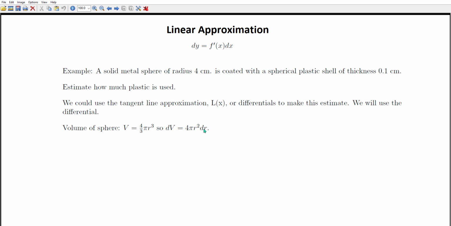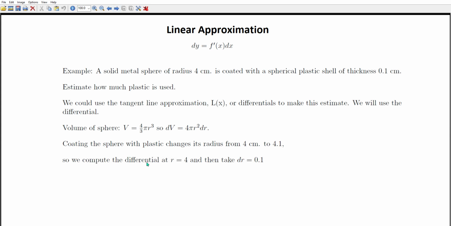r squared dr. Okay, now, coating the sphere with plastic changes its radius from 4 to 4.1, and that's going to change the volume. That change in volume is the amount of plastic we need. So we want to compute the differential at r equals 4 and take dr to be 0.01.